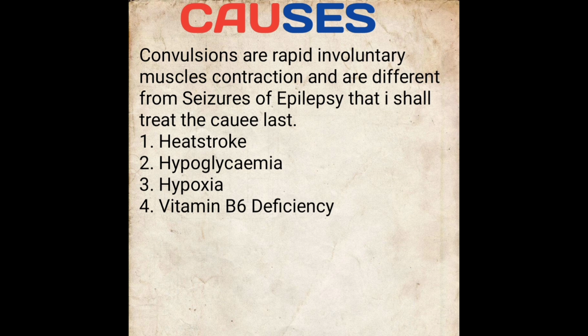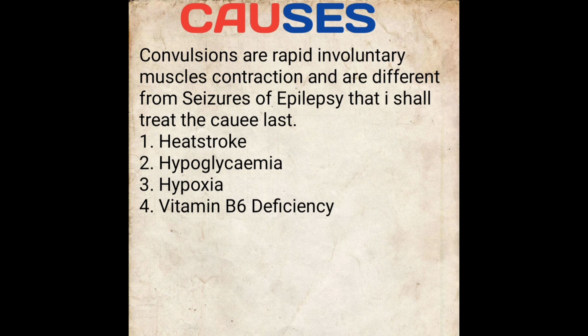Let's go into the causes, but let's first of all understand that convulsion is quite different from epilepsy. Epilepsy is so common that once you convulse, people at times describe the person as epileptic, but that is not true. Convulsions are rapid involuntary muscle contractions and are different from seizures of epilepsy, which I shall treat last.